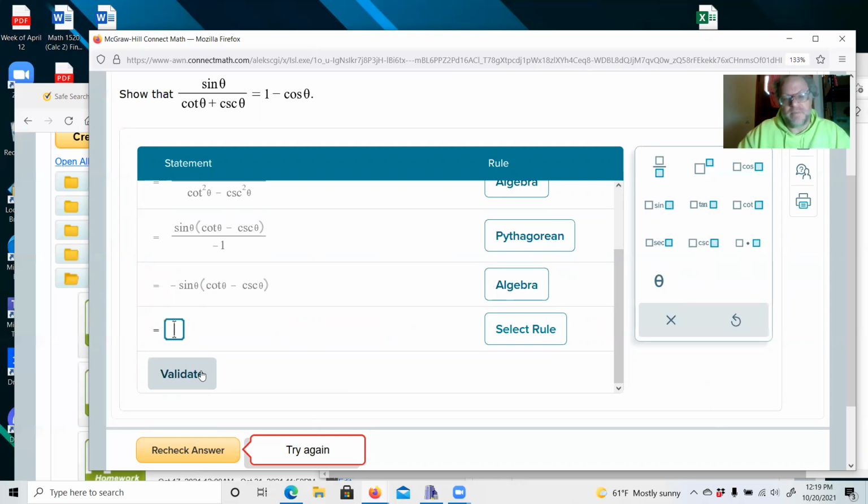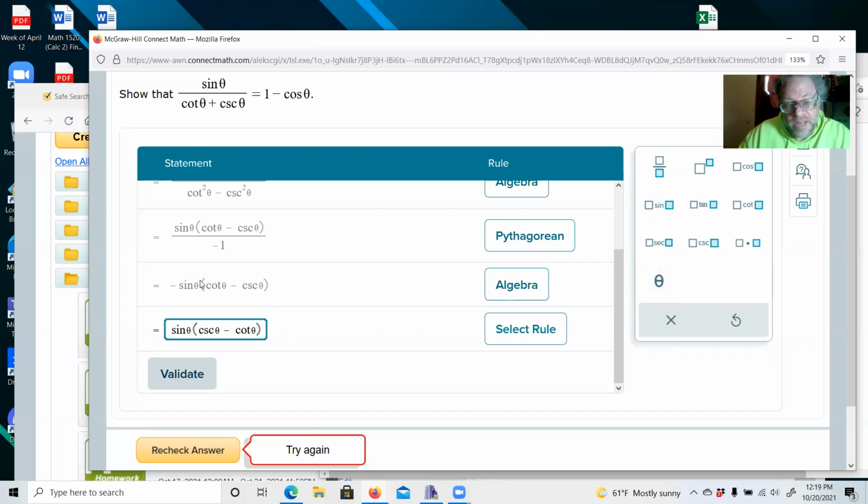Okay, I'm going to be careful here. Because I don't want to deal with the negative sign anymore, I'm just going to say sine theta times cosecant theta minus cotangent theta. All I did was multiply the negative sign in.